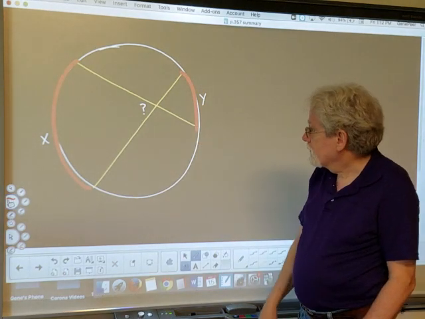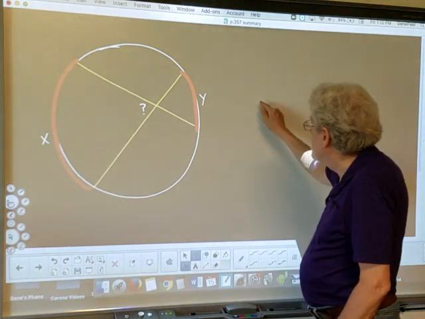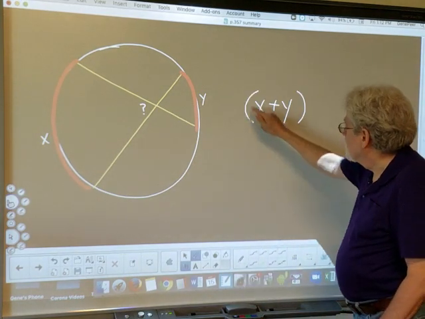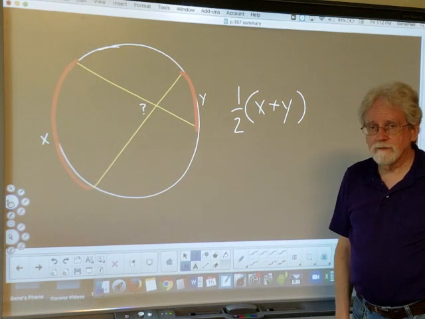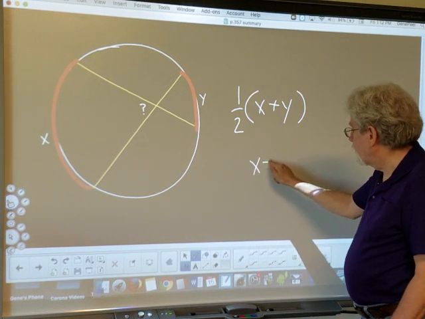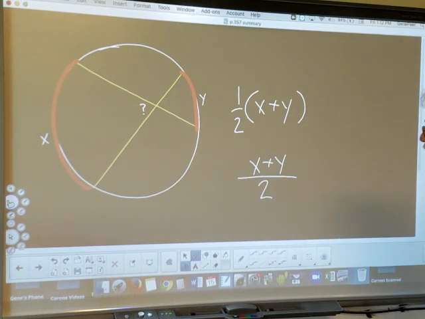In other words, to find this angle, all you have to do is go x plus y and take half. Or you could write that, of course, as (x plus y) divided by 2. That's the same thing. Your choice, however you want to think of it.